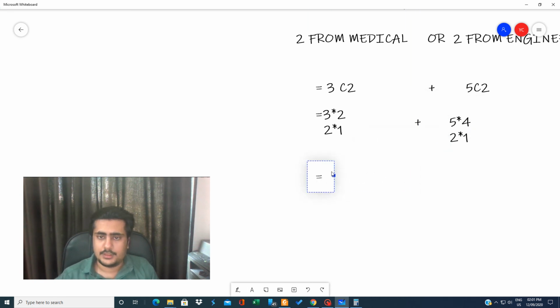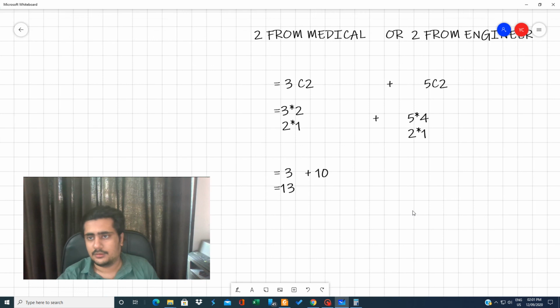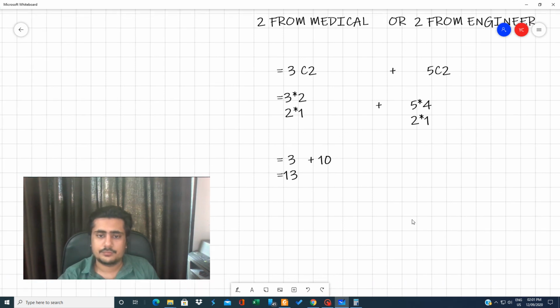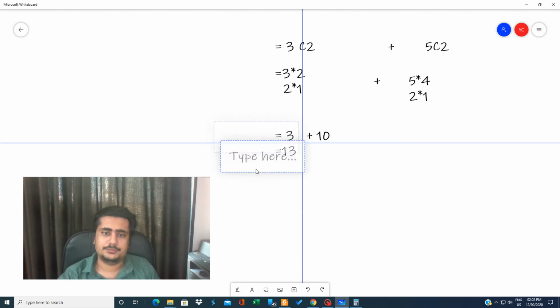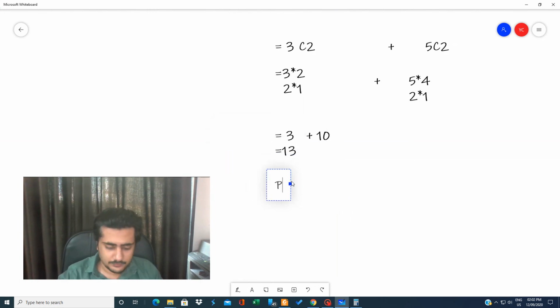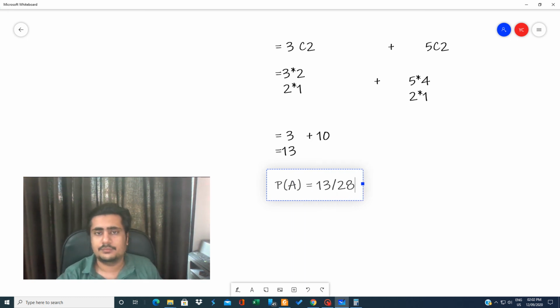This leads to 3 2s are 6 upon 2, 3, plus 5 4s are 20, 20 upon 2, 10. So 3C2 is 3, 5C2 is 10, and 3 plus 10 is 13. So your probability that the persons selected are from the same profession is 13 upon 28.